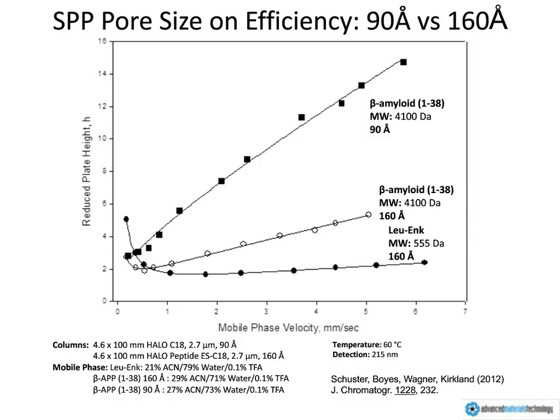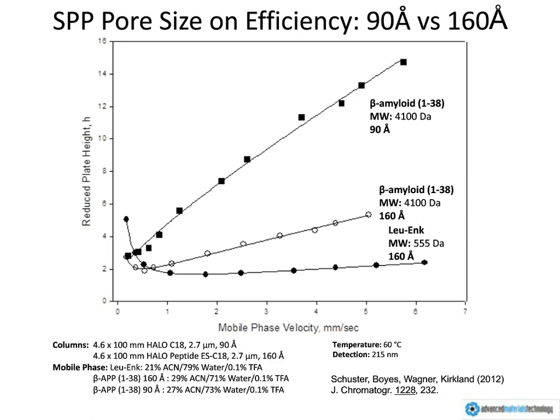Now, we demonstrated this relatively early on. In this case, the data that I'm showing you is published in 2012. There's a reference to the bottom right on the slide where we looked systematically at pore size as well as shell thickness and other characteristics on the efficiency of separations as we varied the size of the molecules that we wanted to resolve.